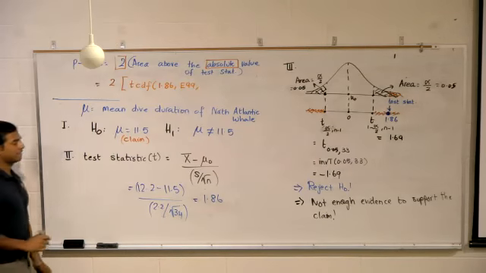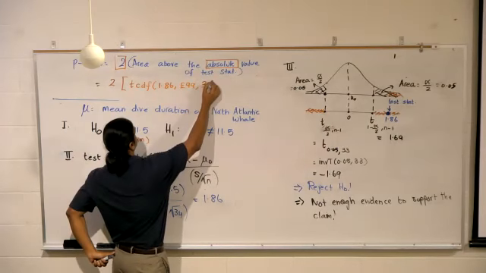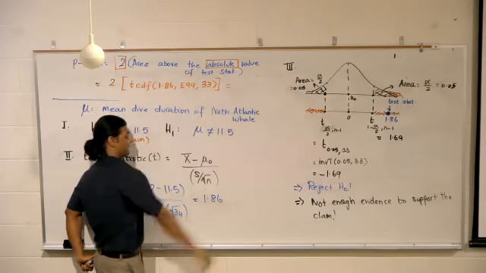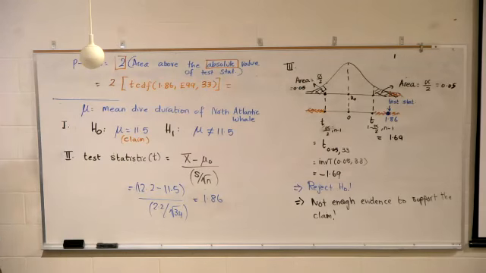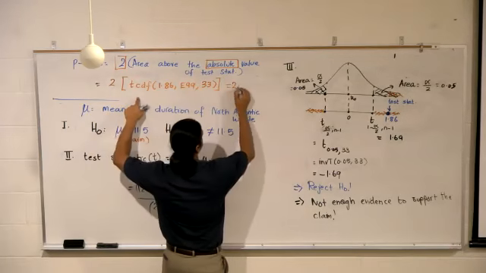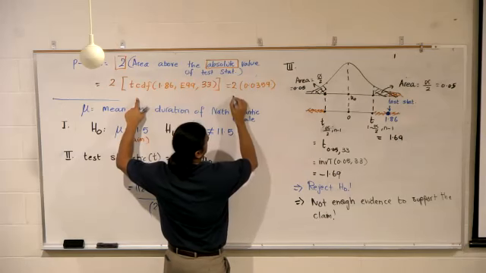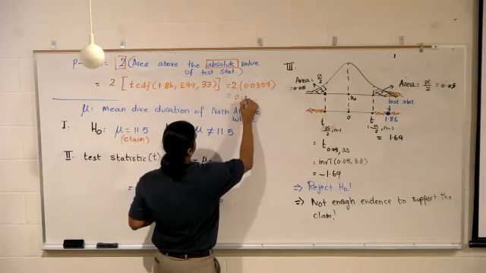Degrees of freedom, which is 33. And what do we get? The tcdf part is 0.0359. Multiplying by 2, we get 0.0718.